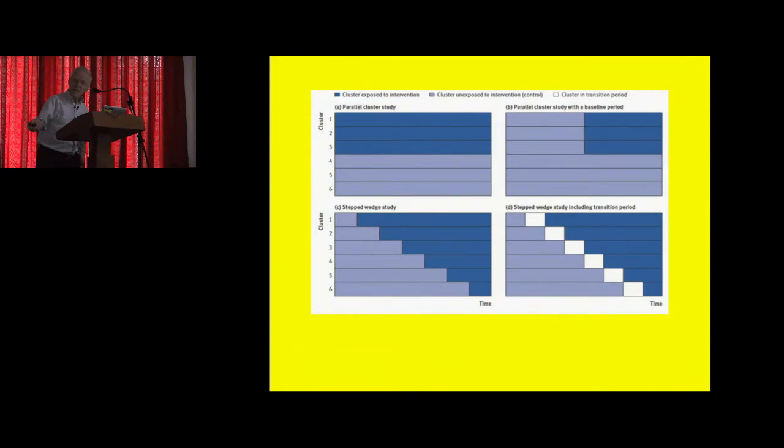And then C here, that really is a stepped wedge study, and the name obviously comes from the shape of this diagram, that clusters move over from control to the intervention at different points in time. And then the last one is a slight elaboration of that, where you need a little bit of time in between to actually transition over from control to the intervention.